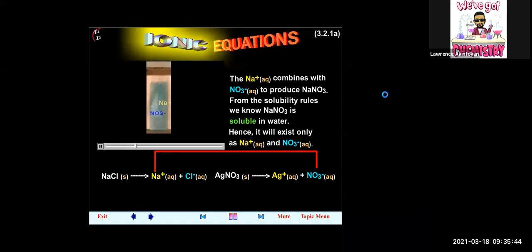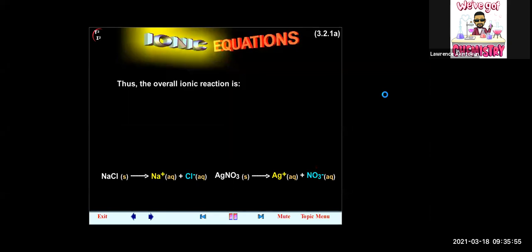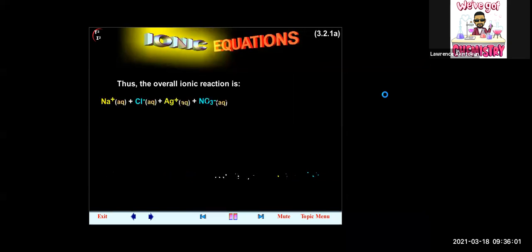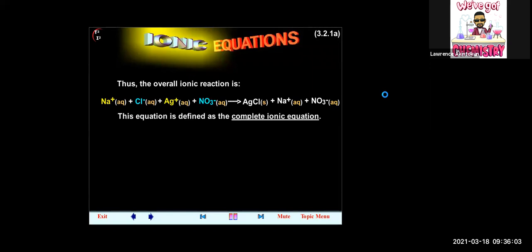In a sodium nitrate solution, sodium and nitrate ions are spectator ions in solution. Thus, the overall ionic reaction is this equation, which is defined as the complete ionic equation.